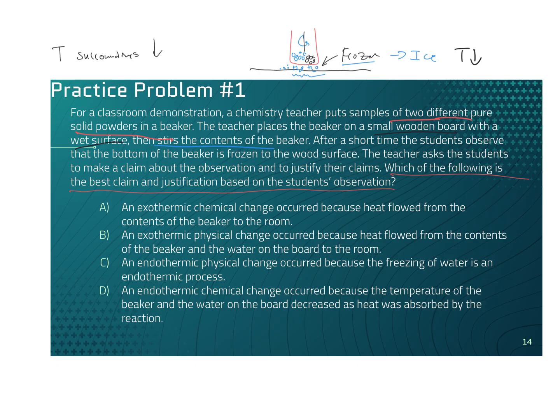If the temperature of the surroundings has gone down, by the first law of thermodynamics, the energy of the system must have gone up, right? Energy of the surroundings went down.